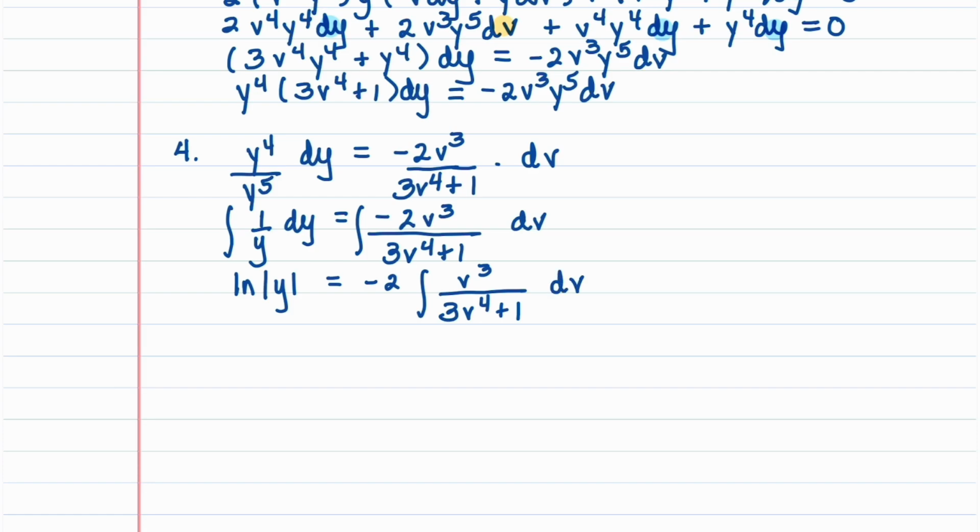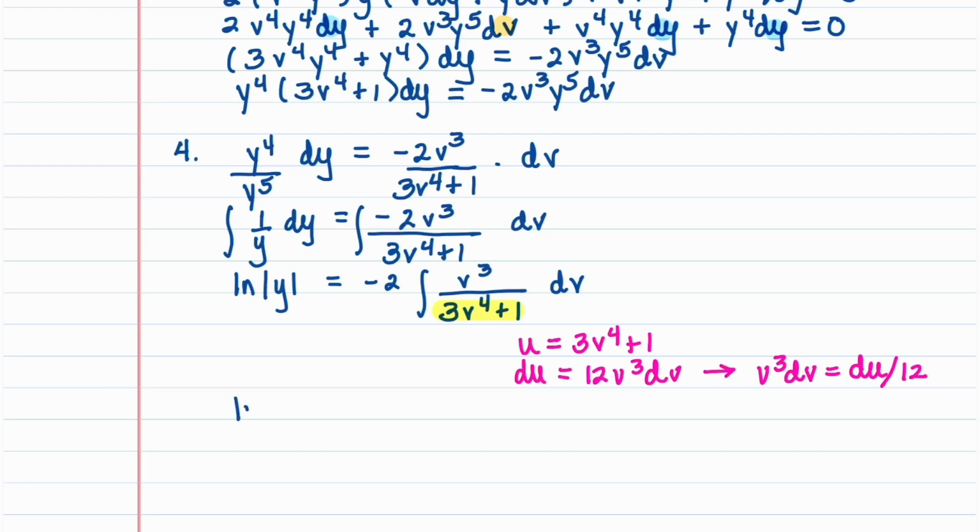To evaluate this integral on the right, we are going to need to use u substitution. We're going to let this expression be equal to u. So du is 12v cubed dv, and that tells us that v cubed dv is equal to du divided by 12. Let's go ahead and put that in.